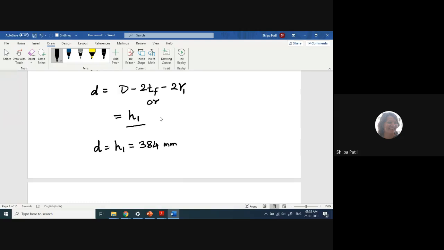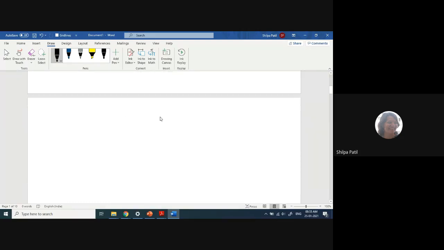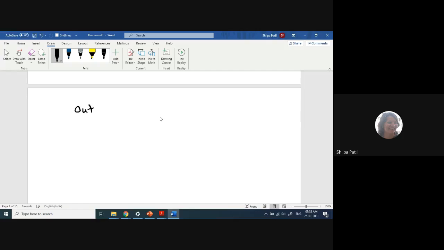Now let us find the section classification. We will start with the first element, that is the outstanding element of compression flange.